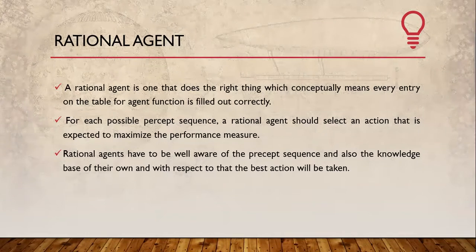Now, rational agents have to be well aware of the percept sequence and also the knowledge base of their own, and with respect to that, the best action will be taken. So this point is nothing but the summary of the first two, that if you want it to behave perfectly, it has to select all the actions very well. Now what exactly is a knowledge base?